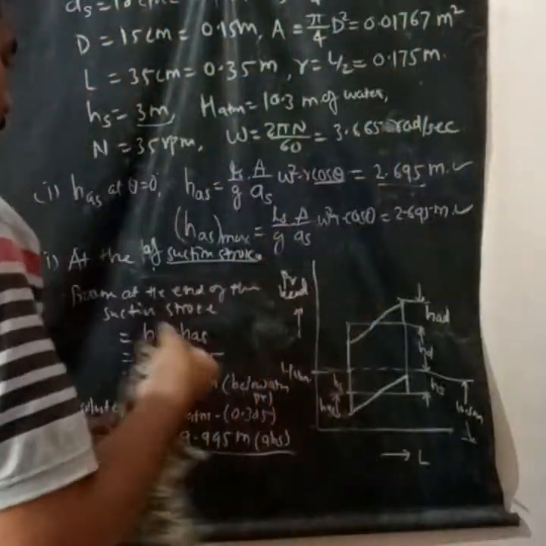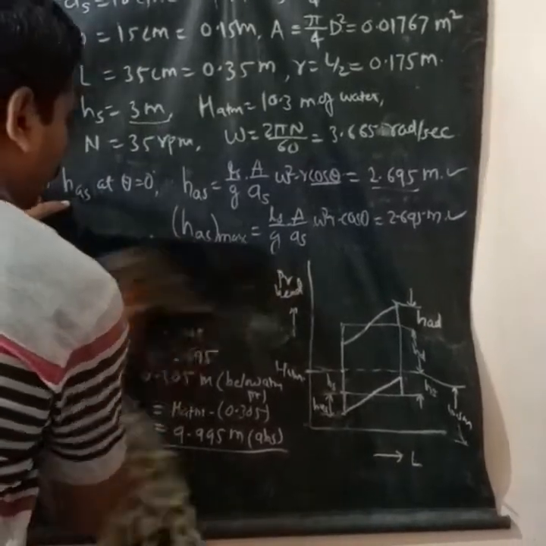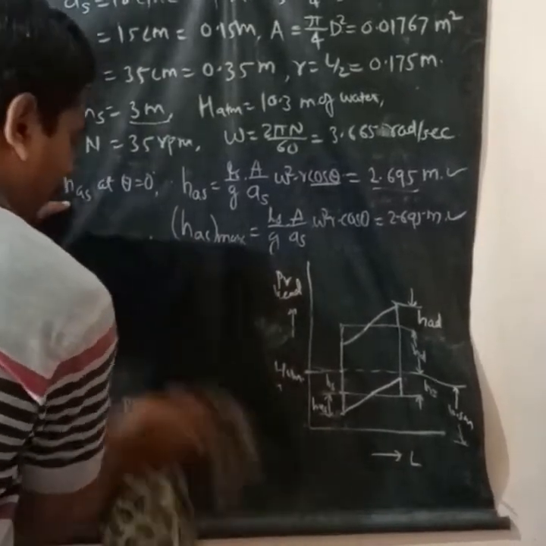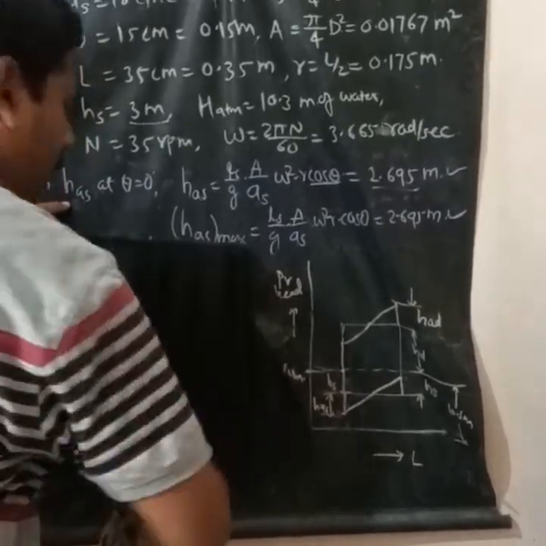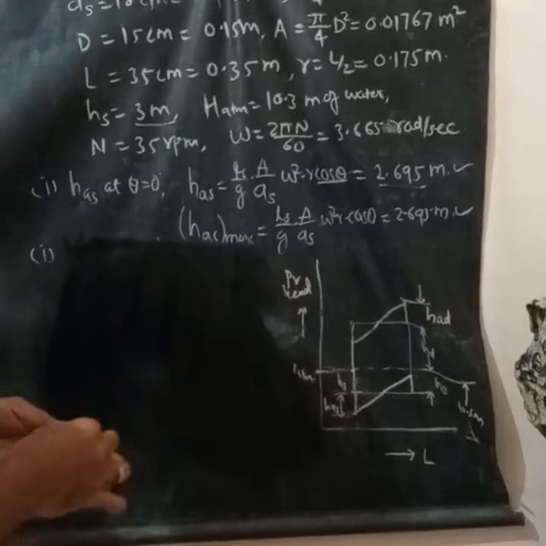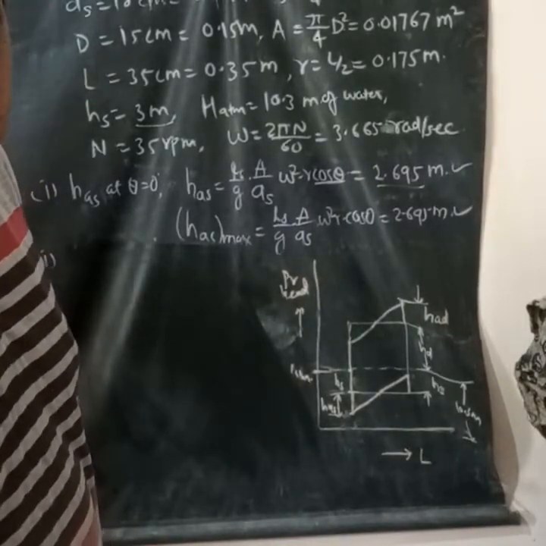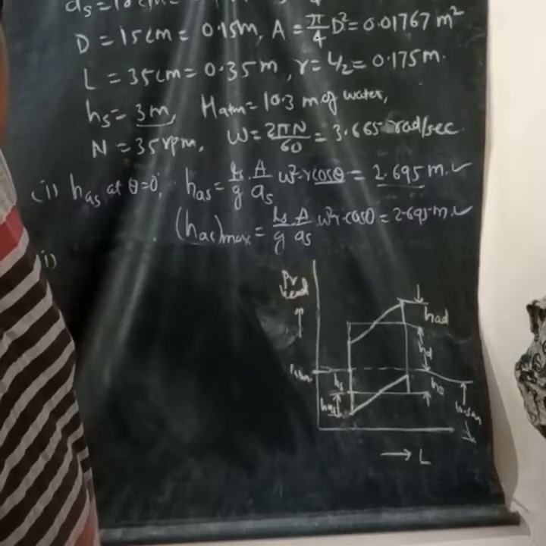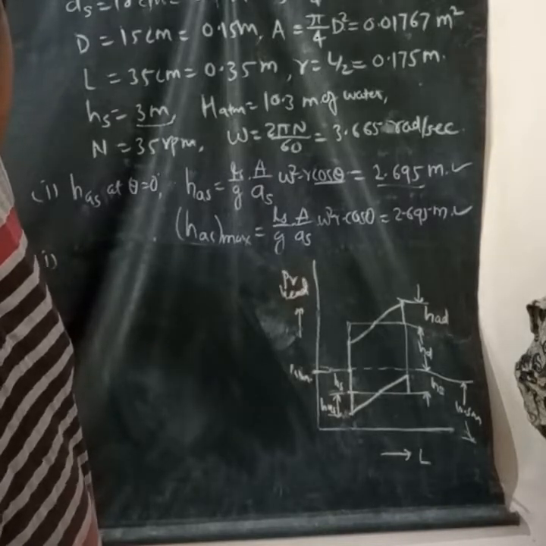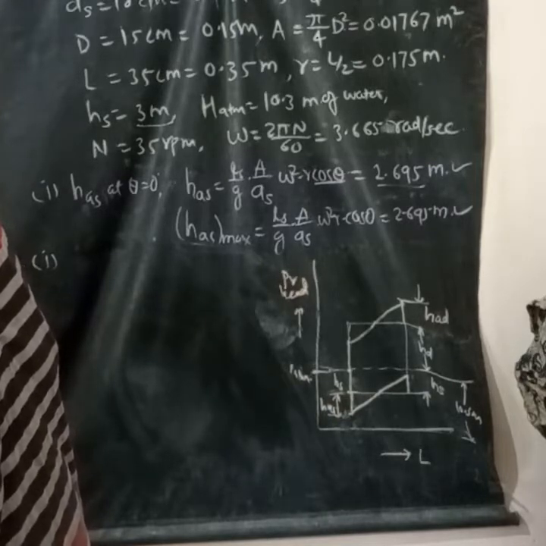see what kind of difference you can observe. What happened in case of the delivery stroke? Similarly, the pressure head in the cylinder at the beginning and at the end of the stroke.